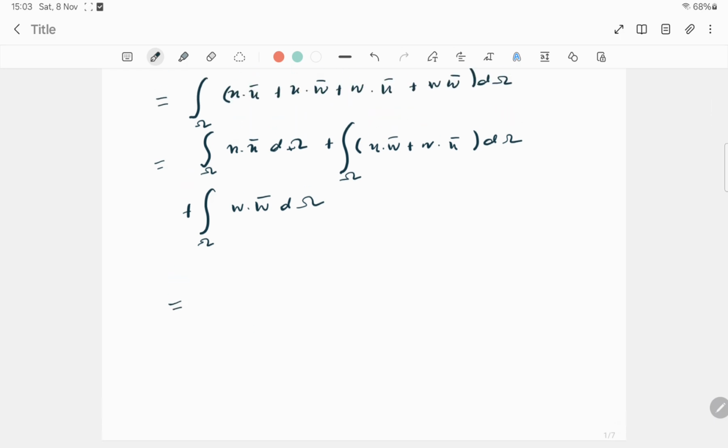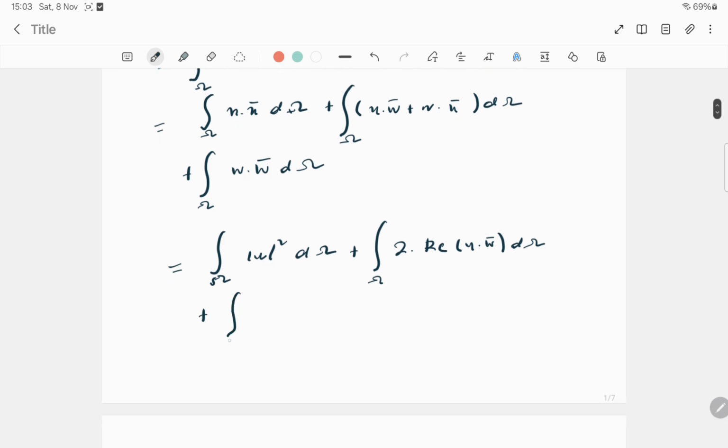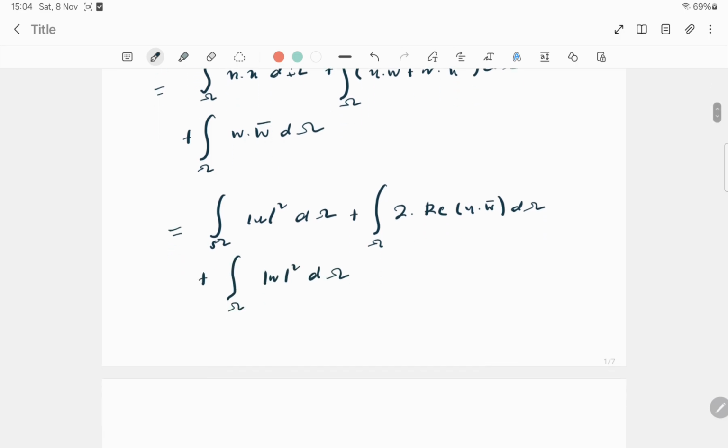So u times u conjugate is going to be the modulus of u squared, plus the integral over omega, that's going to be 2 times the real part of u times w bar d omega plus the integral over omega of modulus w squared d omega.